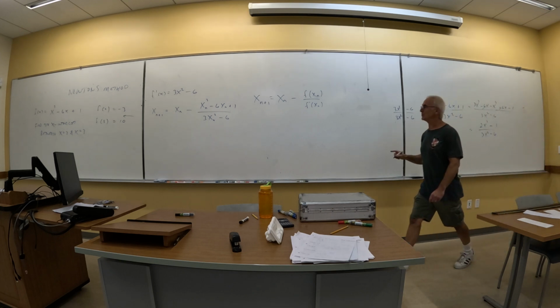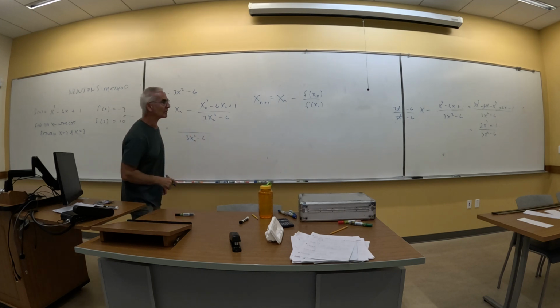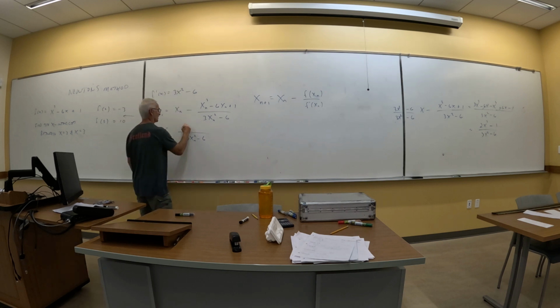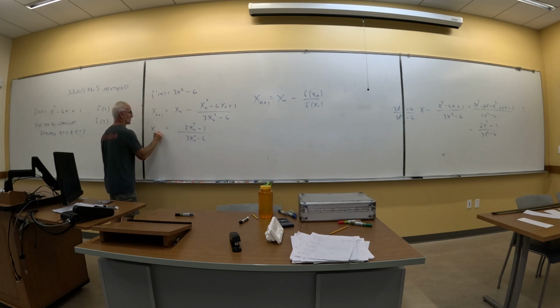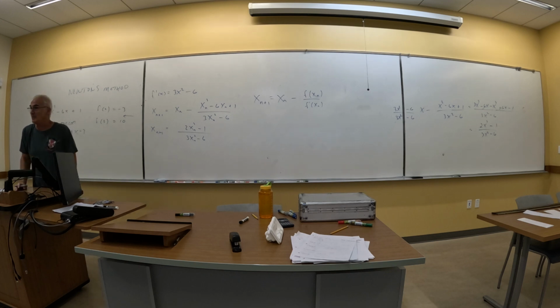So what I'm going to do is use the simplified version. You notice I didn't mess with the denominator, but I made the numerator a lot shorter. So what is that, 2x cubed minus 1? So this is what I'm actually going to use when I do my calculations. It's just less work. It's that simple.